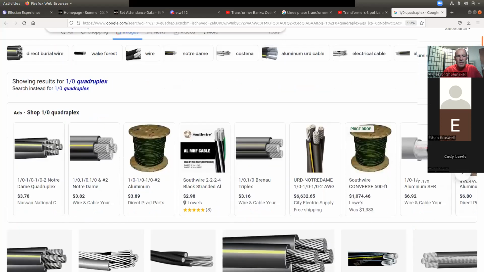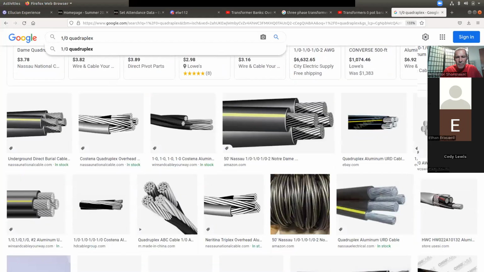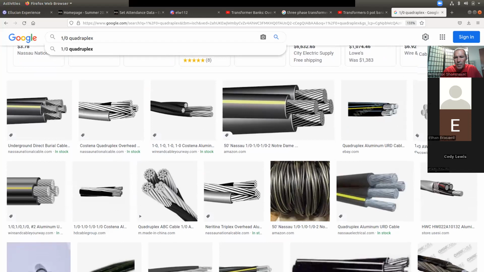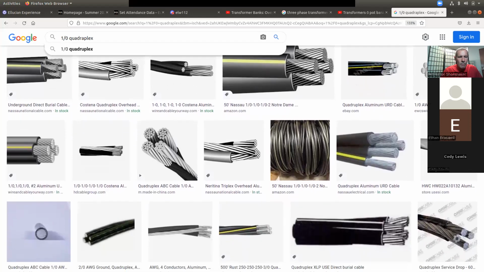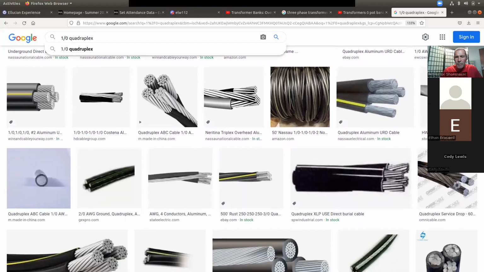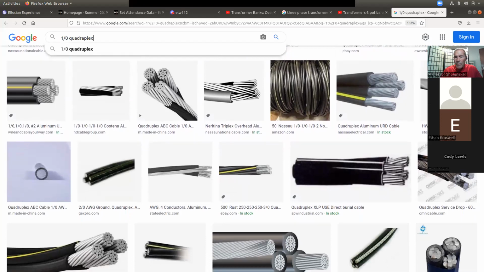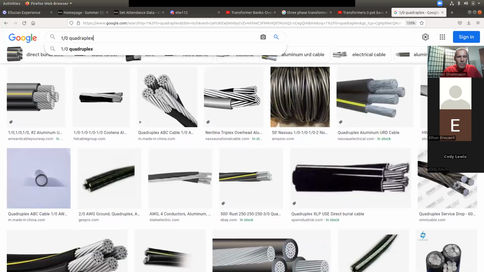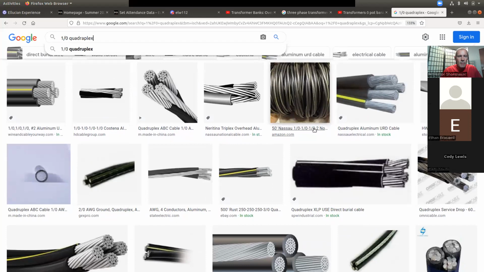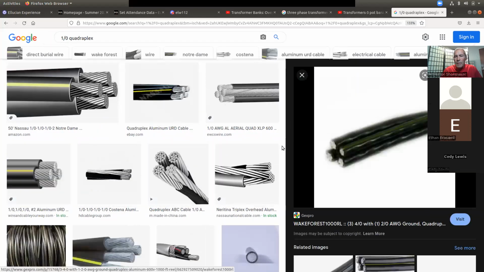So let's scroll down here and see if we can find one that actually shows an actual picture. If not, I can explain it. It's triplex, that's quadruplex. Let's see what this is looking like right here. That's blurry, I don't like it. So pretty much I'll discuss through here.